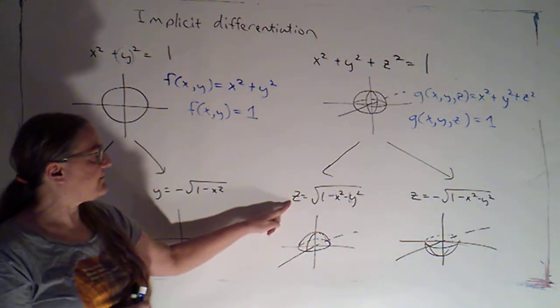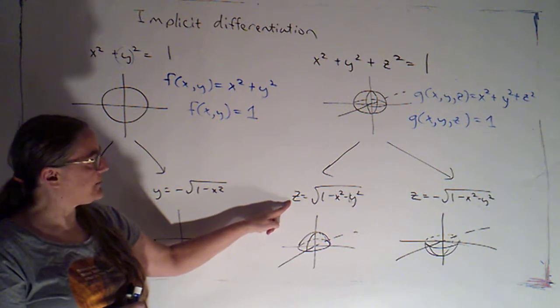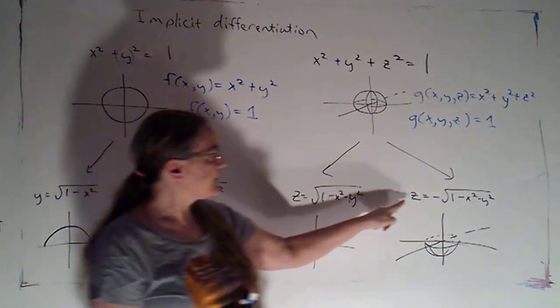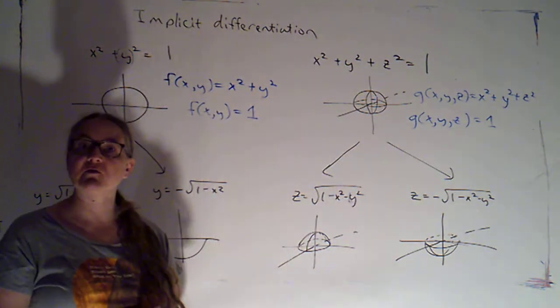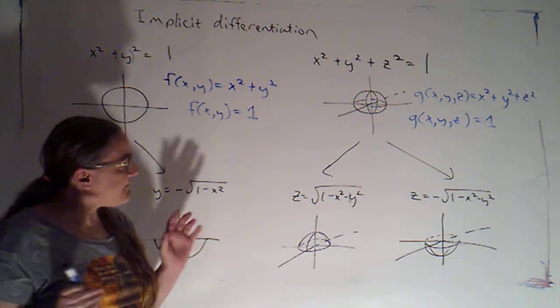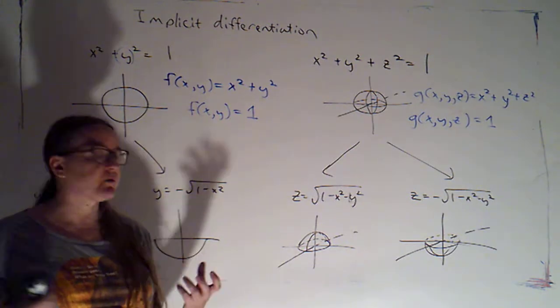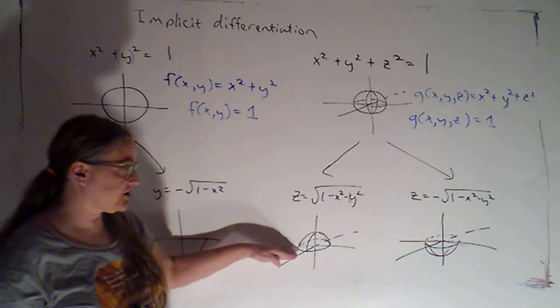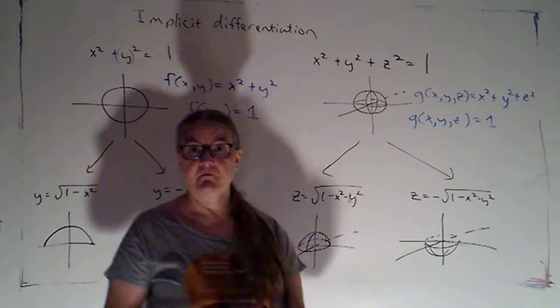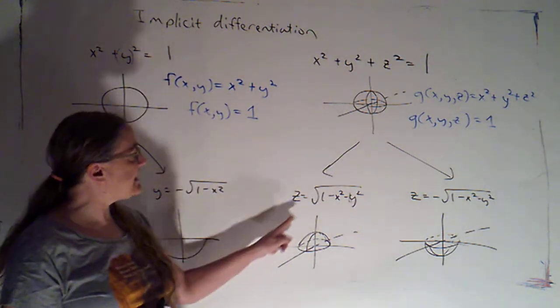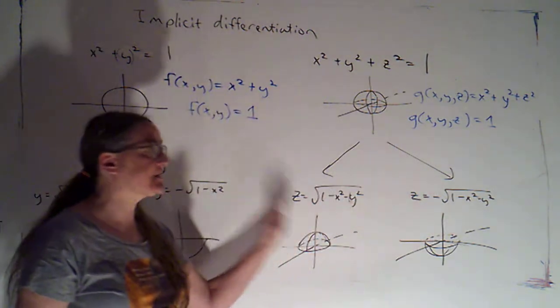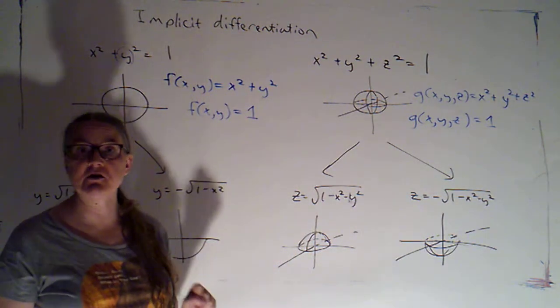So the top half is z is the positive square root of 1 minus x squared minus y squared, and the bottom half is z is the negative square root of 1 minus x squared minus y squared. But again, if I wanted to find the partial derivatives for a point on the sphere, it would not be necessary for me to solve explicitly for z in order to do that.